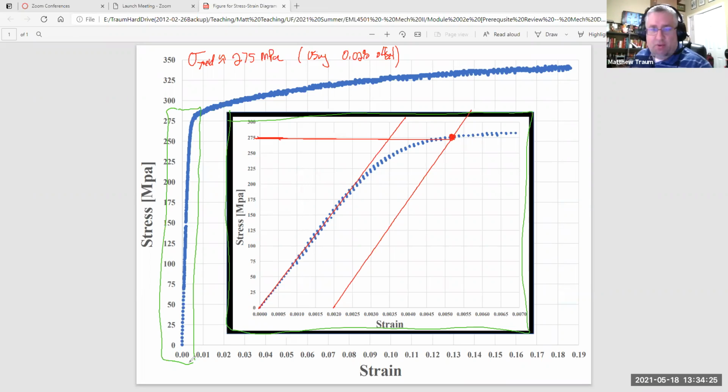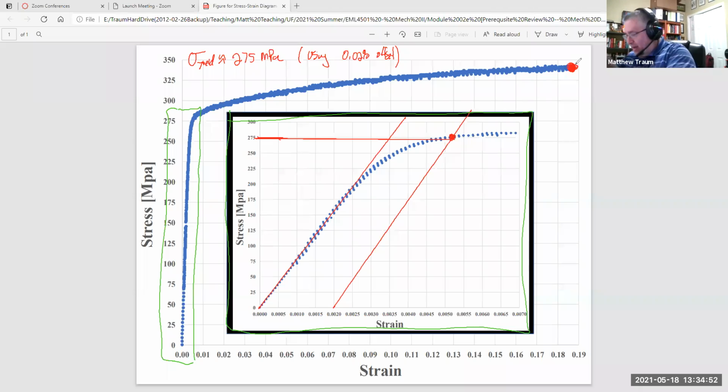Okay, so the next question is, find the fracture stress in SI units. Okay, so fracture stress is when the material actually breaks. And so that happens here, right? So that's the end of the stress strain curve, the point of breakage.